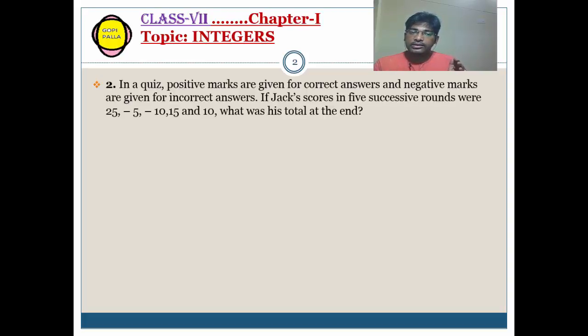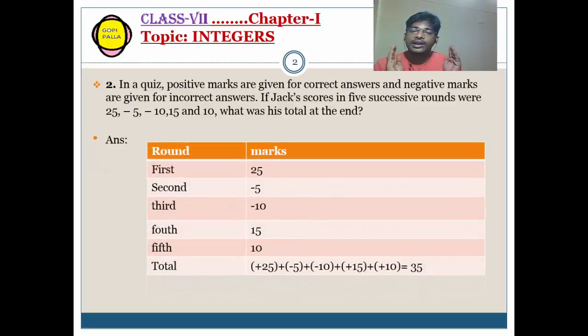So here we'll put everything in a tabular form. There are 5 rounds: first, second, third, fourth and fifth, and the marks of each round are indicated: 25, -5, -10, 15 and 10. So we have to sum it up. The problem is we cannot sum as earlier, because each integer has a different sign.